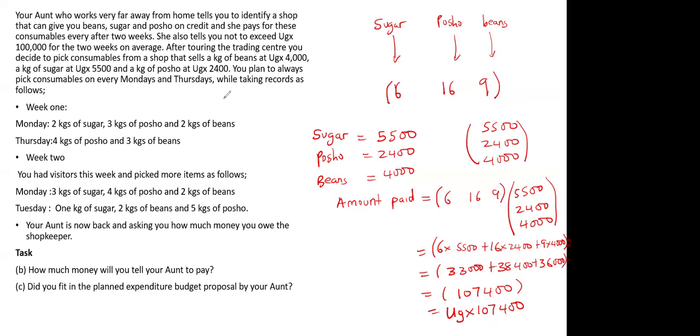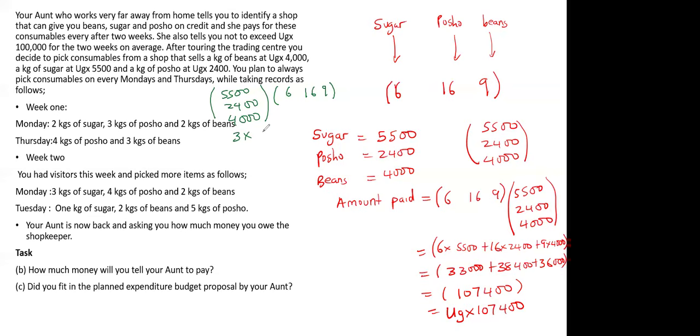Now, for Daniela, this is what we had. Her matrix was 5500, 2400, 4,000, not so? And she was multiplying by 6, 16 and 9, not so? Now, this matrix has how many rows? There are 3.